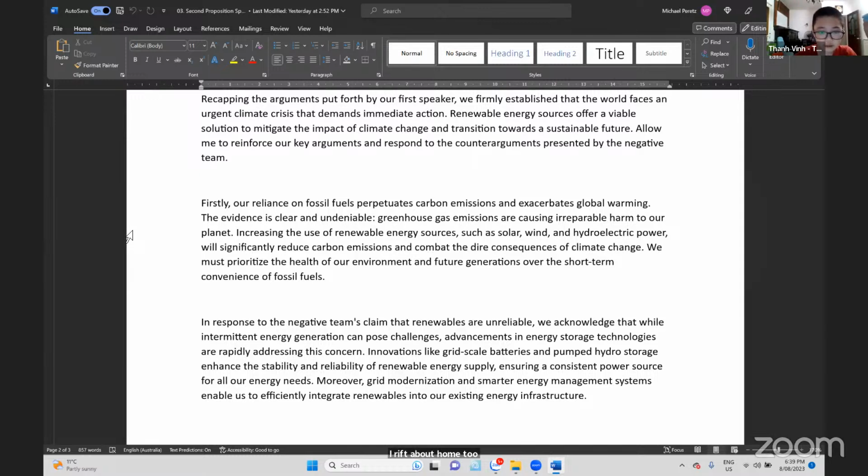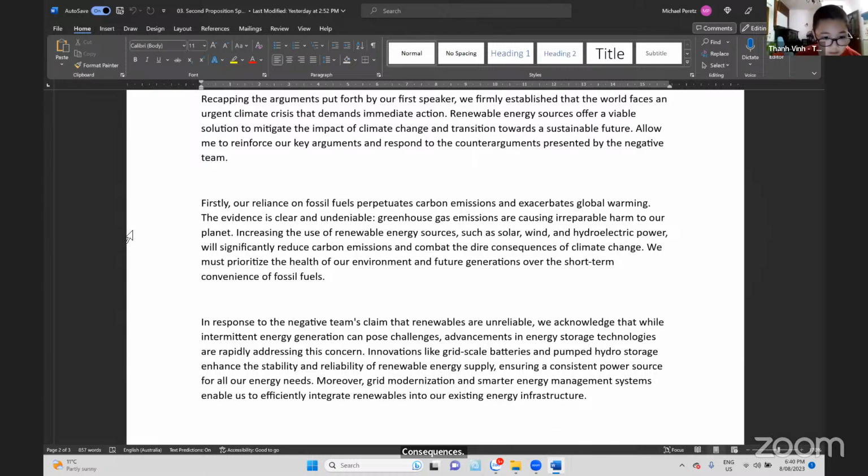Increasing the use of renewable energy sources such as solar, wind, and hydroelectric power will significantly reduce carbon emissions and combat the dire consequences of climate change.